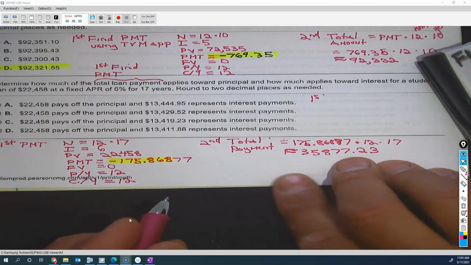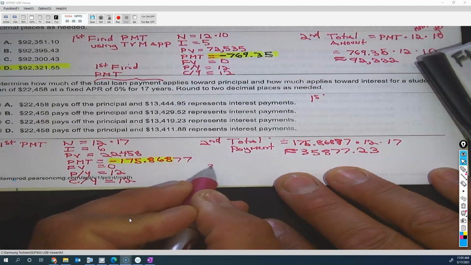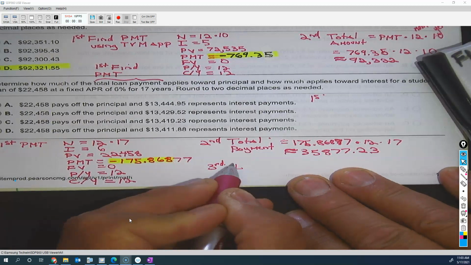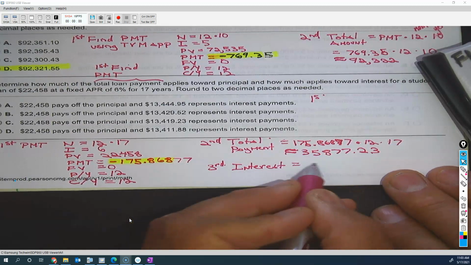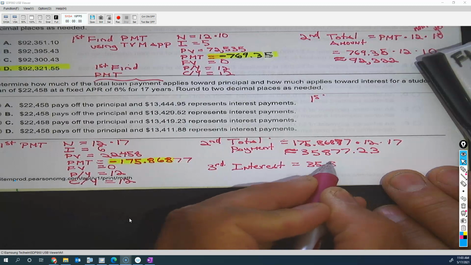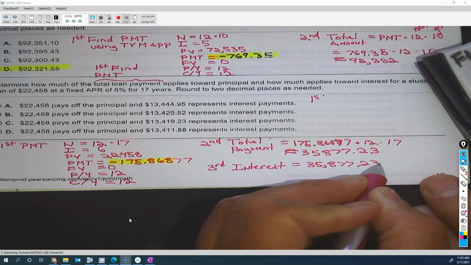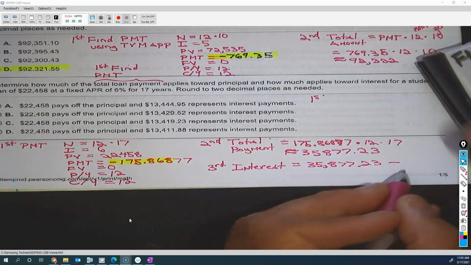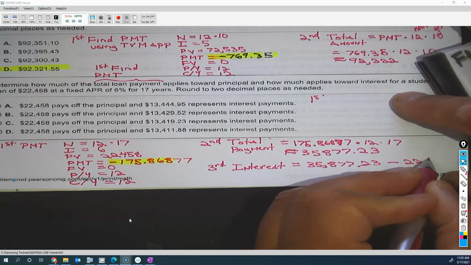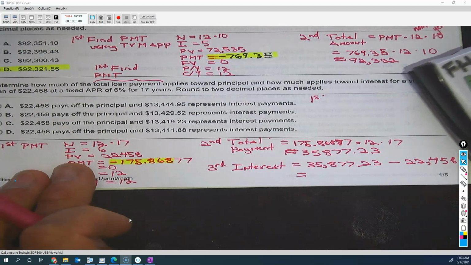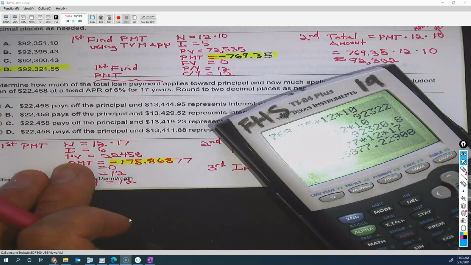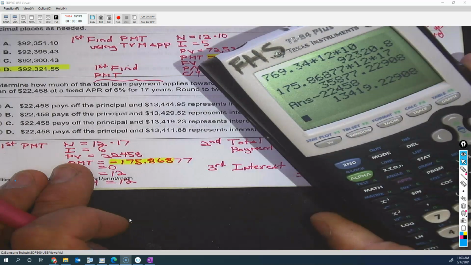Okay, now to get the amount of interest, take your total payment, which was this, and subtract how much you borrowed. So I borrowed 224,58. So I'm just going to take that and take away 224,58. And that's the amount of interest you pay.